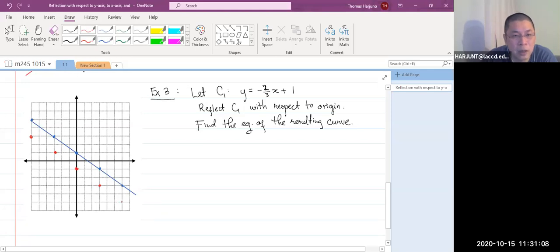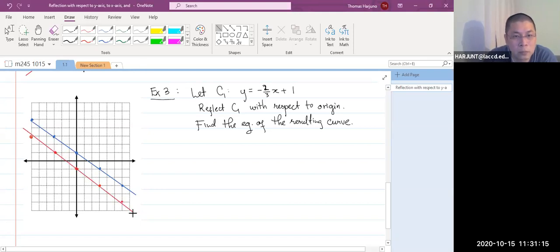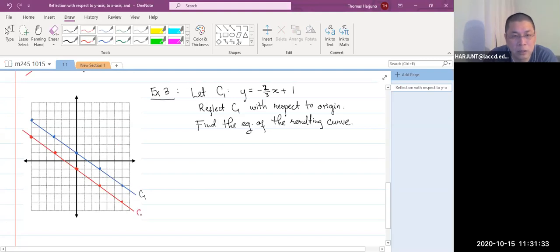Okay, and so on and so forth. So this is the resulting graph. If this is C1, this will be C2.